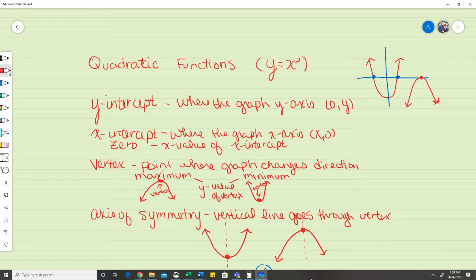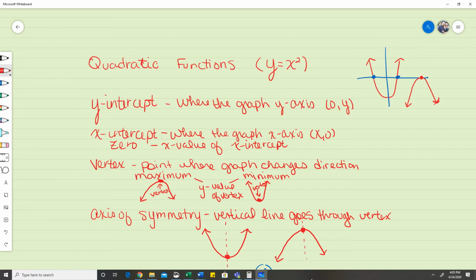You could have a minimum if your vertex is down at the bottom. And when we talk about a minimum or maximum, we're talking about that y value of the vertex. Okay, but this point where it changes direction, where instead of going up, now it's going down, or instead of going down and now it's going up, that's going to be your vertex, that point of change.